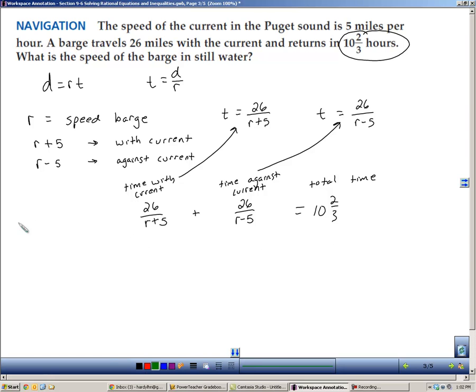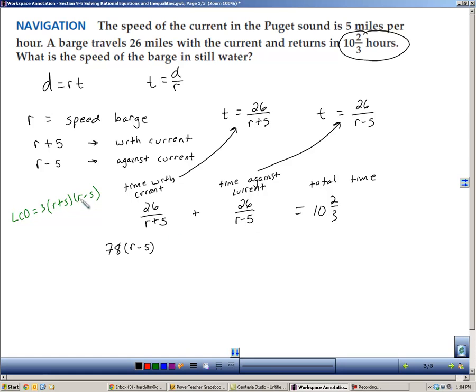Now to solve this, I want to get rid of all the fractions, so the least common denominator is going to be 3 times (r plus 5)(r minus 5). So I'm going to multiply that by all three of them. 26 times 3 is 78, and then r minus 5.